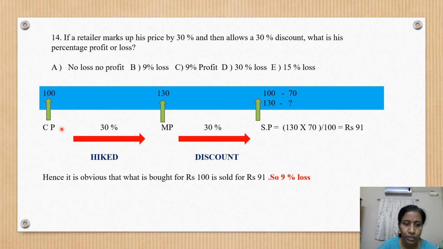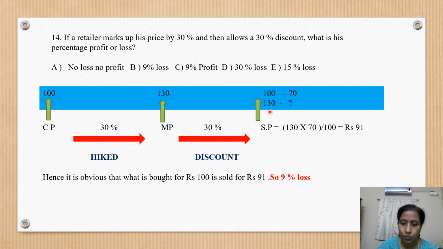So coming to the solution, I assume the cost price as 100. I'm increasing the price by 30%. I'm hiking the price by 30%. So the marked price, the price on the tag, is rupees 130. On that, I am giving 30% discount. So what is the selling price? Same technique I am using. If the marked price is 100, selling price is 70 after discount.